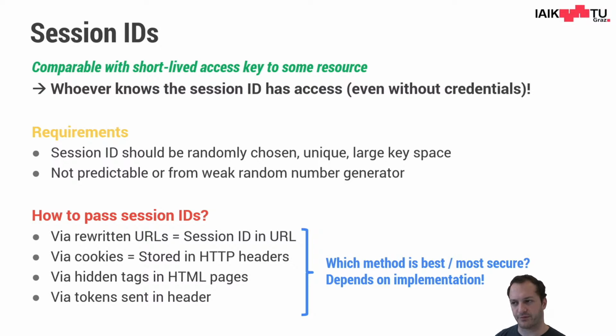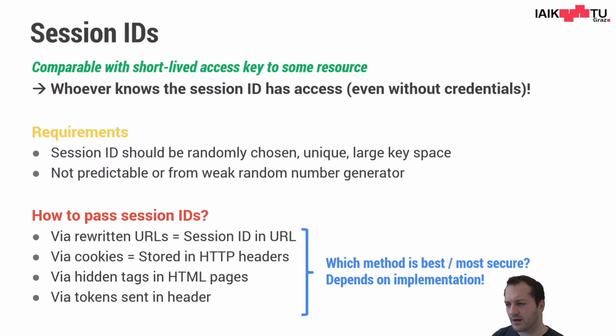Another option, probably a bit less frequently in use, is via hidden tags. You actually don't see this, but this also happens when you, for example, post something in a forum. Then very often the session ID is cloaked there as a parameter of that form, which you're just sending. Or via tokens in the header, so-called bearer tokens, which are also an option that I want to show you because they're gaining increasing popularity.